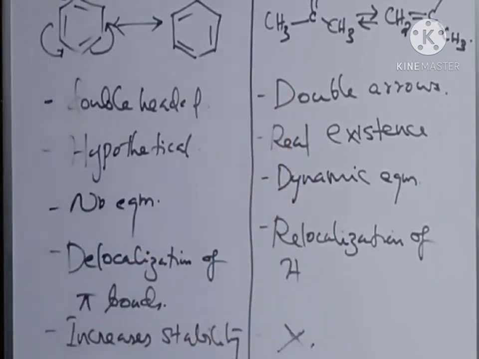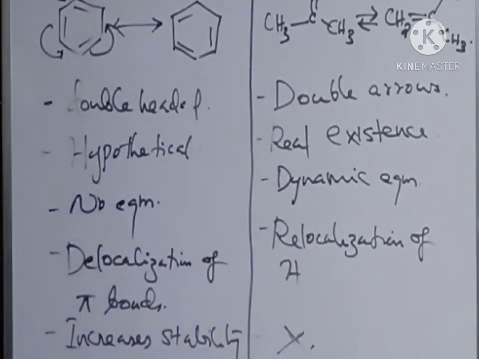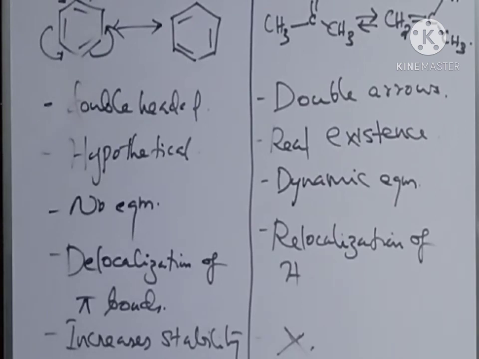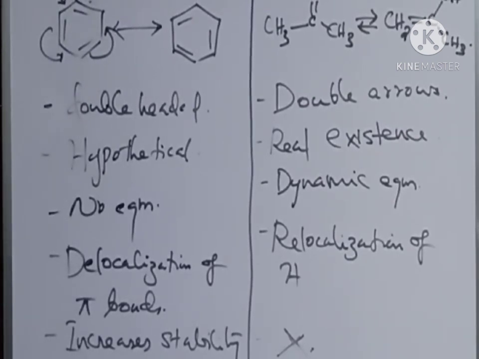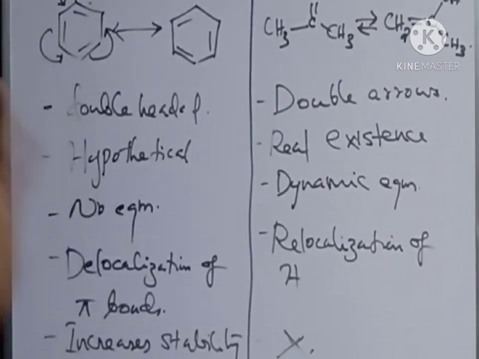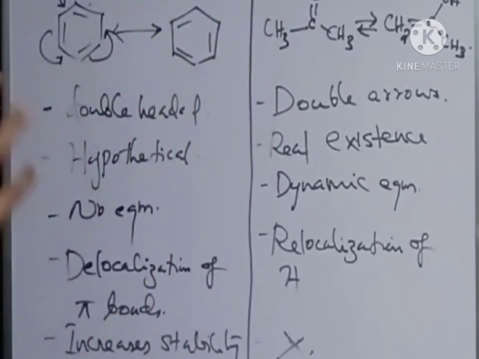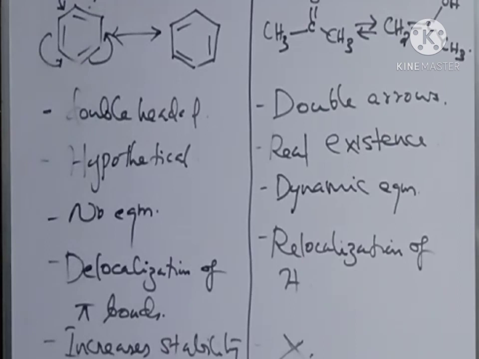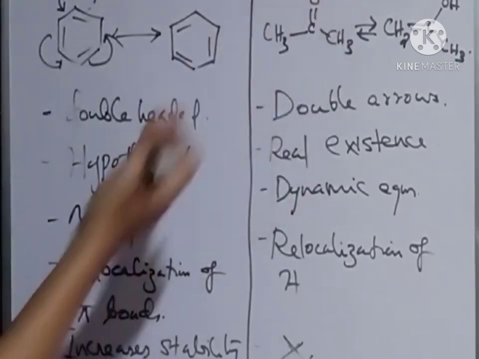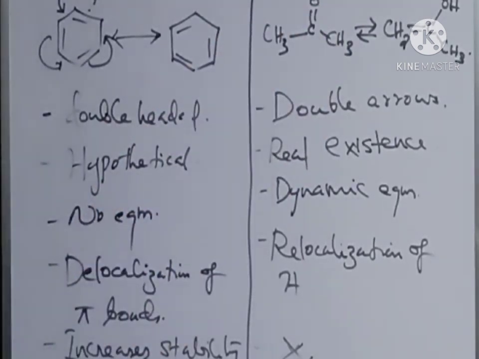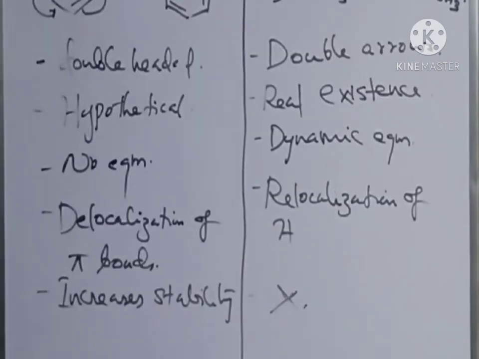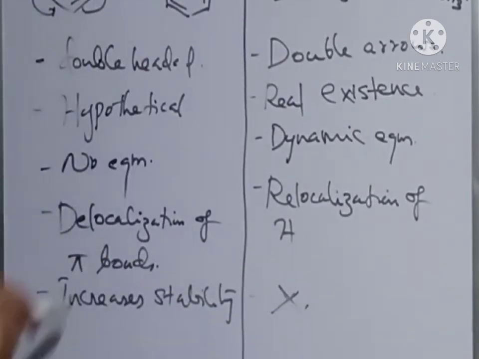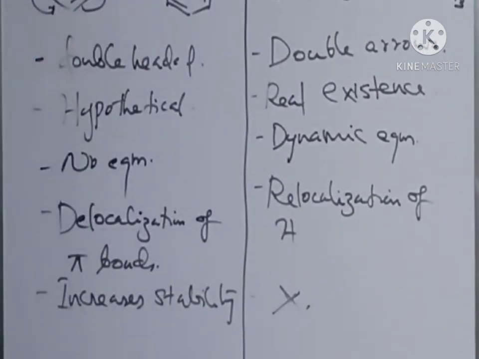Stability will not be changed by the process of tautomerism. But we should remember that one of the structures will be more stable than the other, and which one is more stable depends upon the compound. Okay, these are all the differences between resonance and tautomerism.